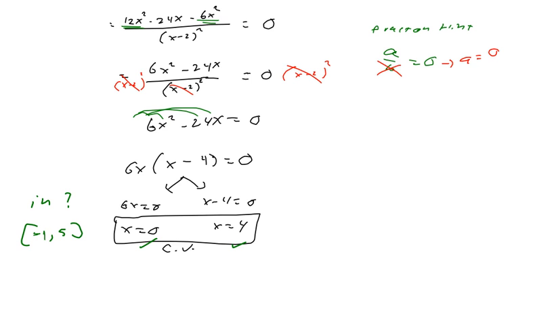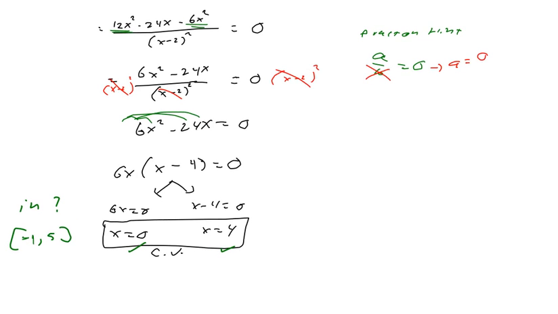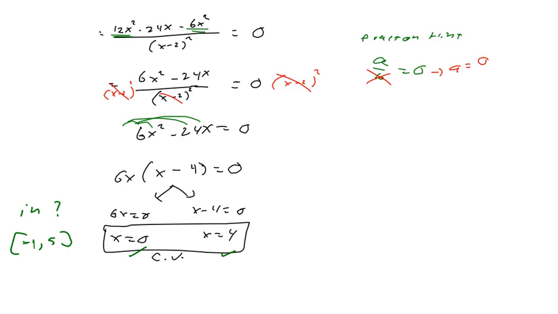Something is missing. We have another critical value that we're missing. What's that other critical value that we're missing? The interval is from -1 to 5. Pariso says 2. Where does that number come from, Pariso?